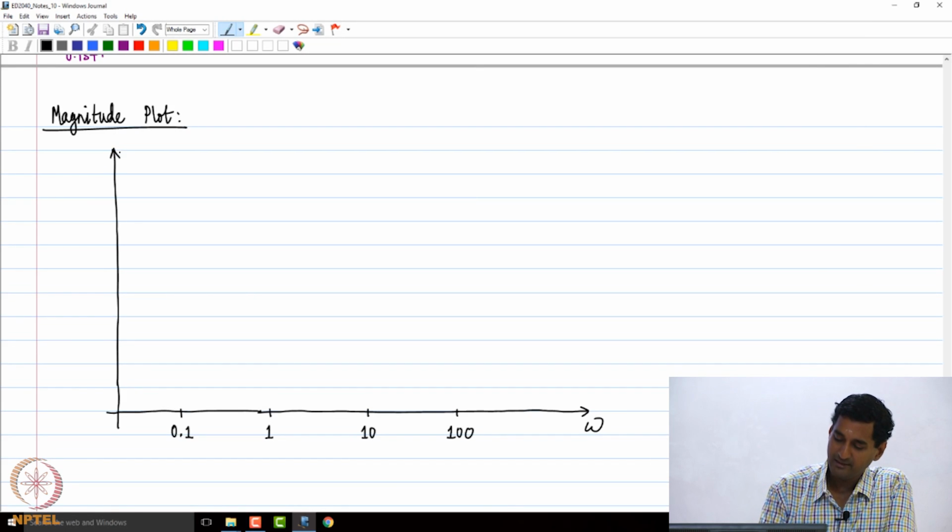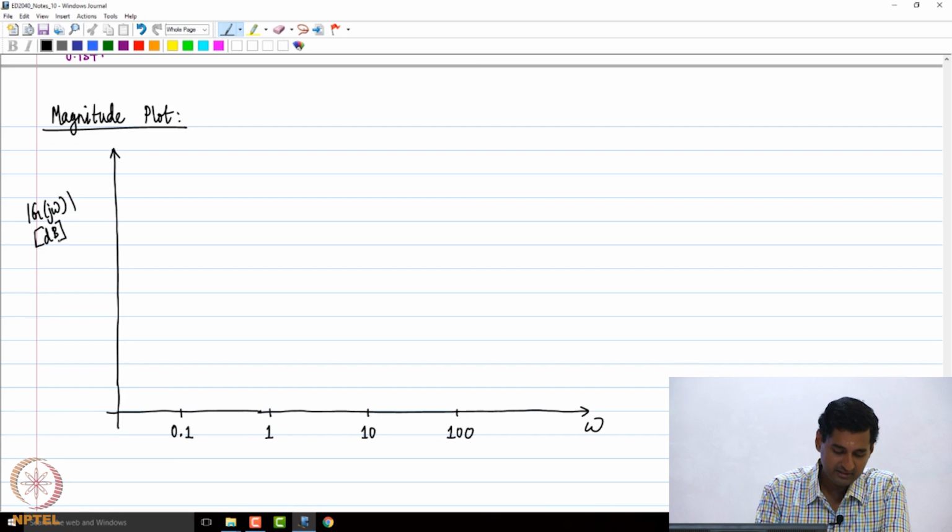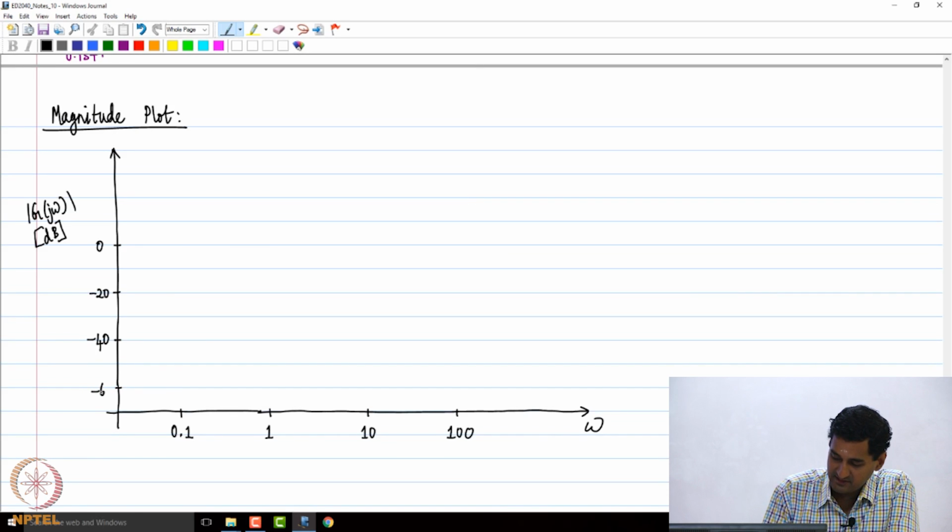On the ordinate we are going to plot the magnitude, so the vertical axis will be in decibels. Let's say I have 0 decibels, minus 20, minus 40, minus 60, plus 20 and so on.